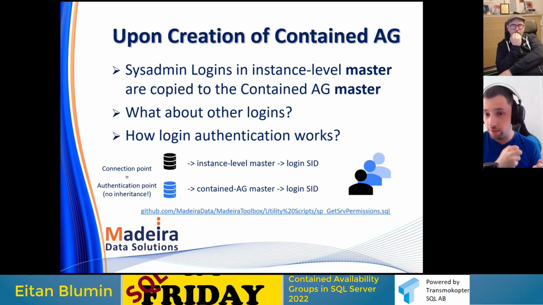And that means that the container availability group will also be the authentication point. In other words, it will look for the login that you tried inside the contained availability group. And if it doesn't exist there, the login will fail. If you connected to the normal instance, the external instance, then that will be your authentication point. And if your login doesn't exist there, then it will fail.